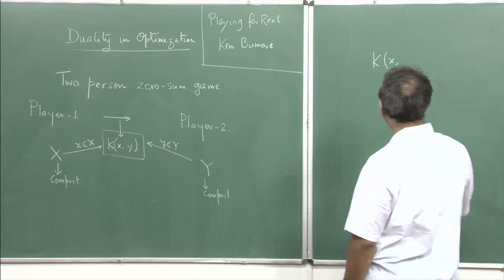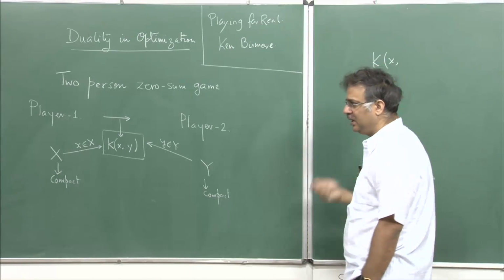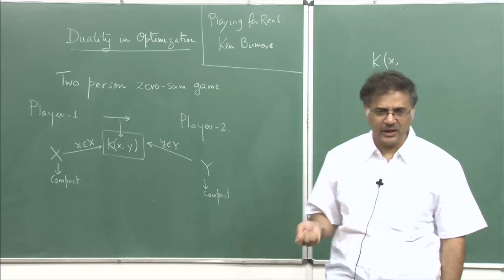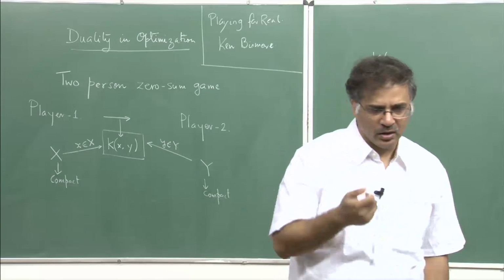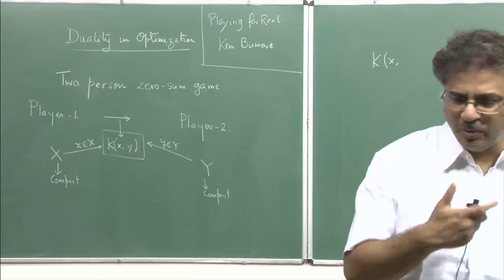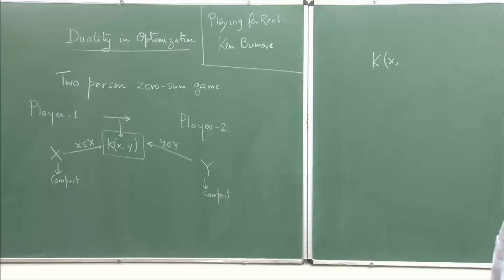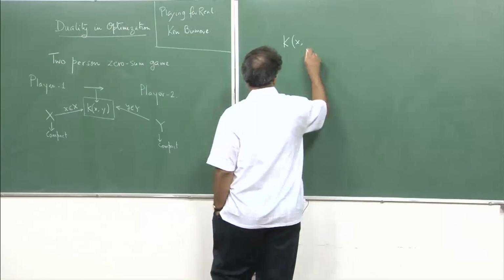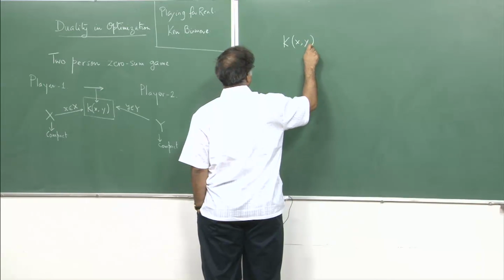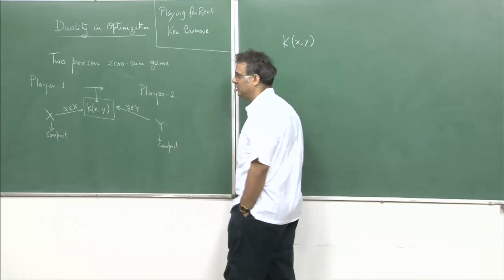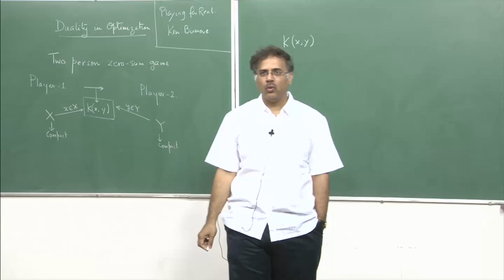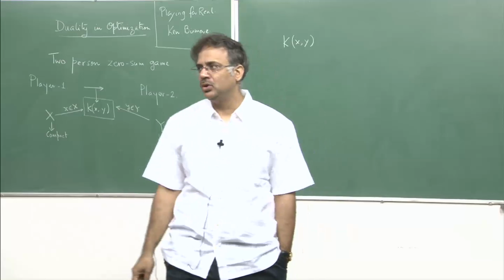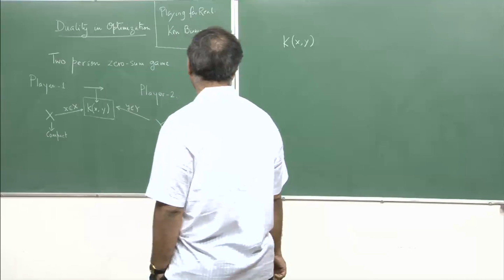Now, given this strategy x, once he has played x, he has no idea what move y player 2 is going to give. It could be any y in the set capital Y. So he wants to know what his maximum loss is, which is very natural.